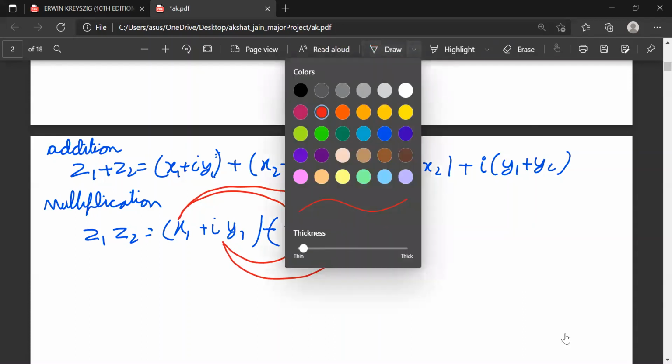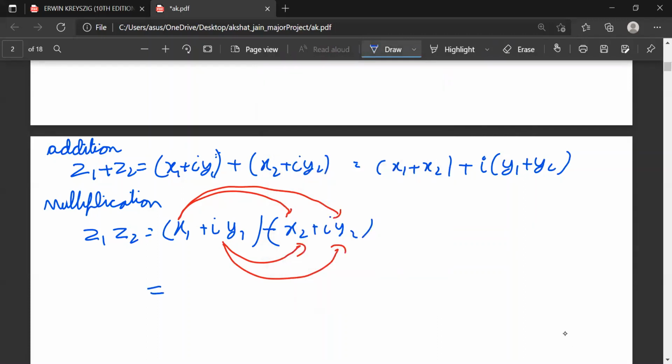Let's write everything. First we multiply x1 into x2. Then x1 into iota y2, which is iota times x1 y2. Then iota y1 into x2, which is iota y1 x2.